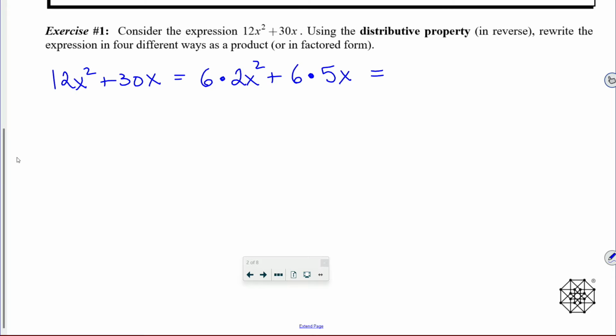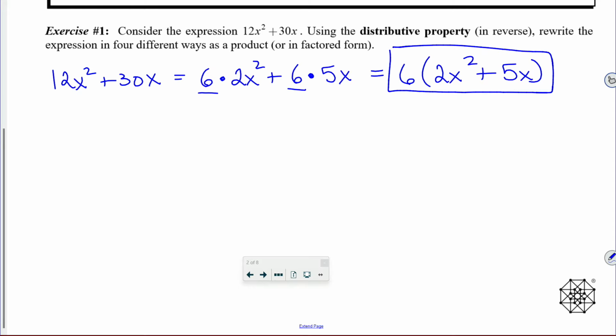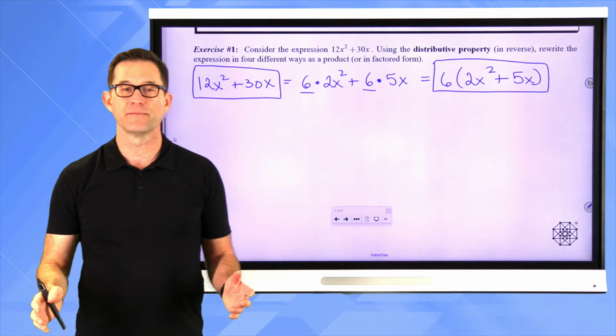But then, because there's this common factor, I can, quote, factor it out, and I can then rewrite this as 6 times (2x squared plus 5x). So in other words, that is an equivalent way of writing our original expression, but as a product.